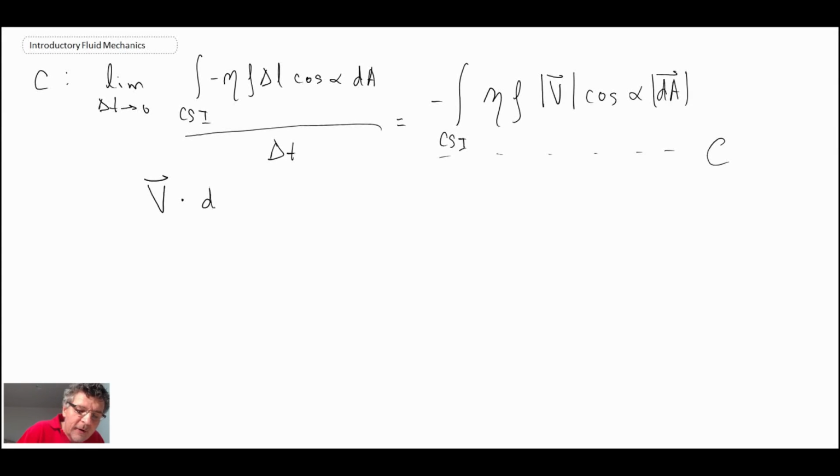And we talked about that before, or the direction cosine. So wherever we have this, we can replace it with the dot product between the velocity vector and the area vector. Doing that, we take all of this back to equation 1.